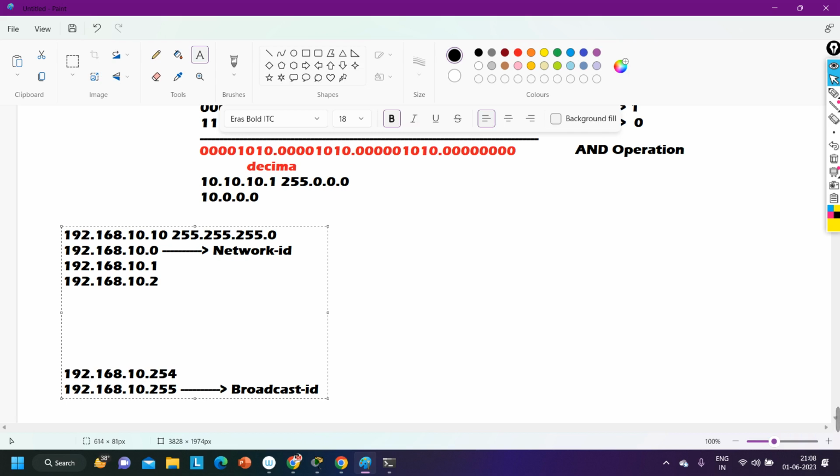Can anyone tell me how many valid IP addresses are there in this network? 254. 254 valid hosts are there that we can configure on PCs. And let's say I need to design one network where I need only 100 IP addresses. If I use an IP address from class C, that means we will waste some IP addresses there.